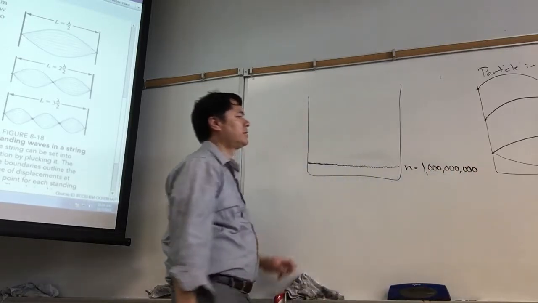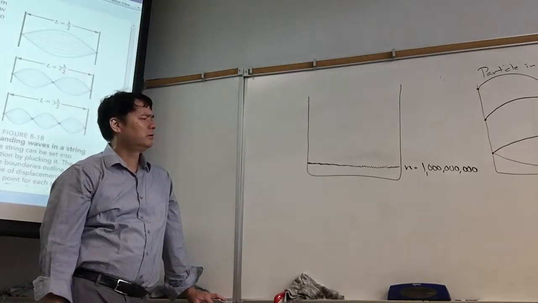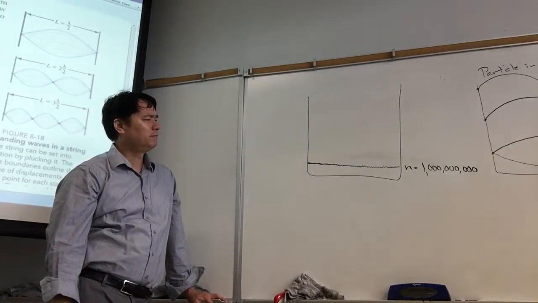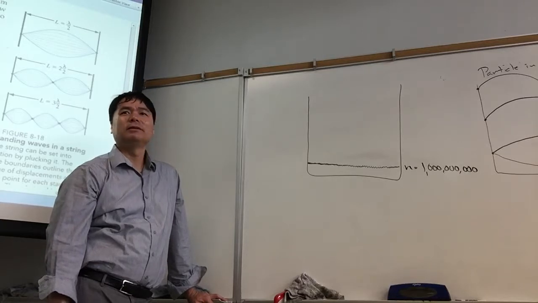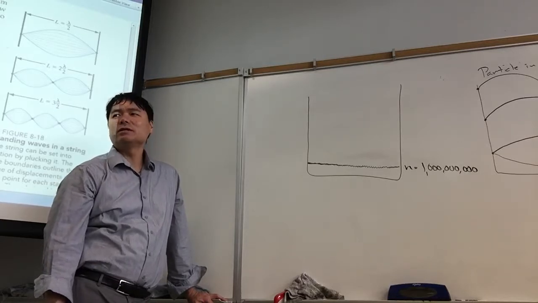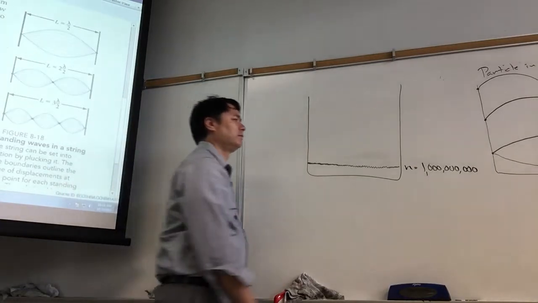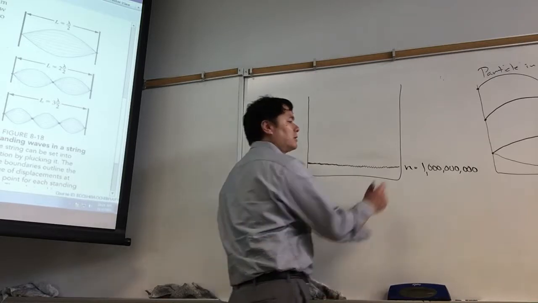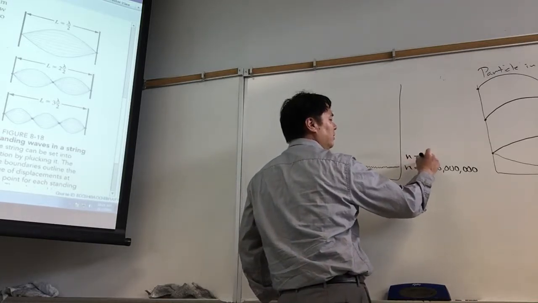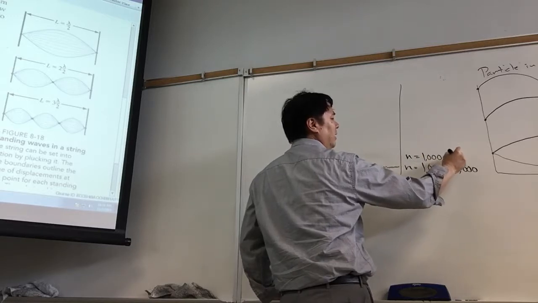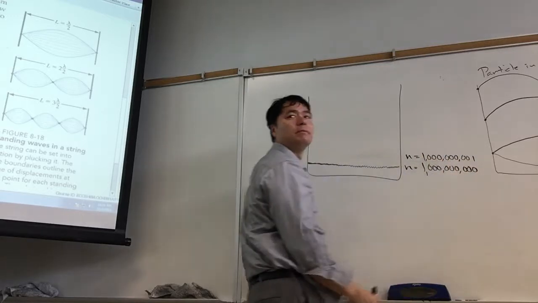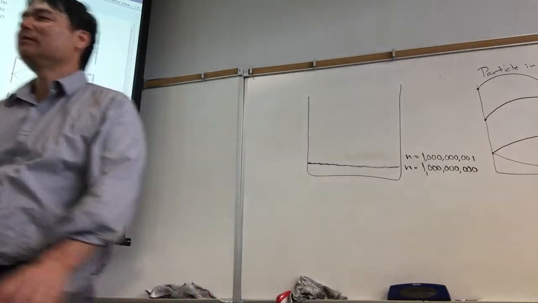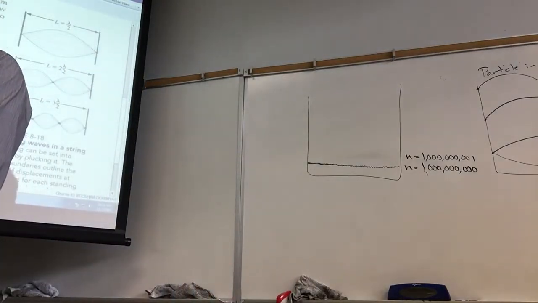Let's go to, what's that, 1 billion? Okay. After 1 billion, what's the next allowed n value? The next allowed n value would be n equals 1 billion and 1. Now, is there going to be a significant energy difference between 1 billion and 1 billion and 1? Are you going to really notice the tone difference for the instrument?